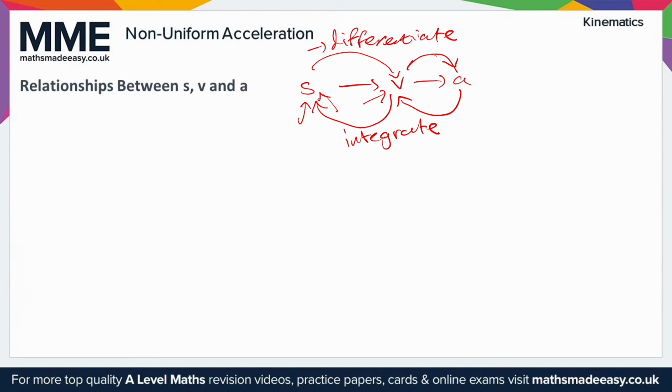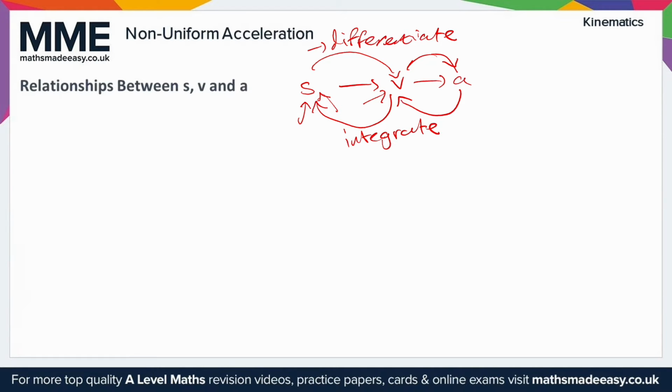If you integrate a and don't add in your plus C, then you'll be wildly off because you're not taking into account the initial velocity. So it could already be traveling at a certain speed, but because you haven't put your plus C in there, you've not considered that. So now your resulting equation is way off what it should be.